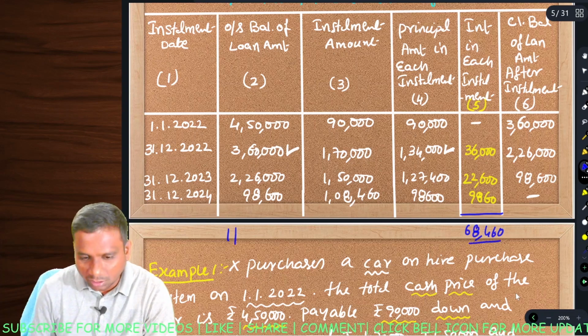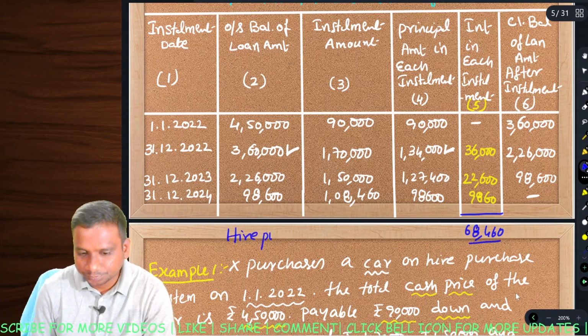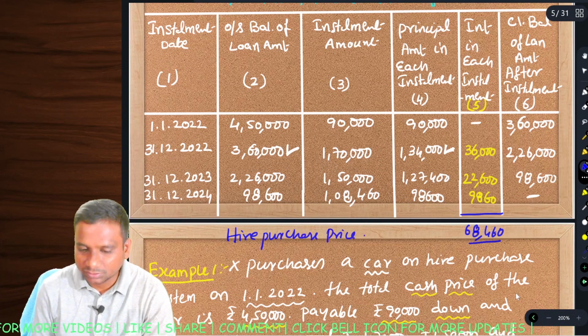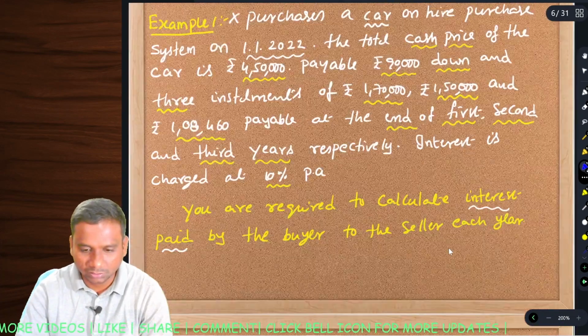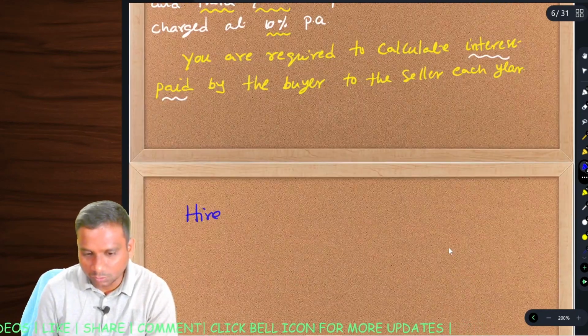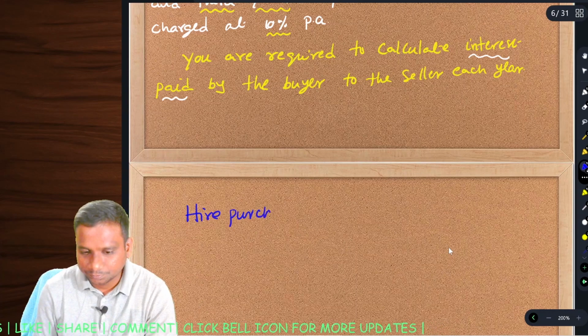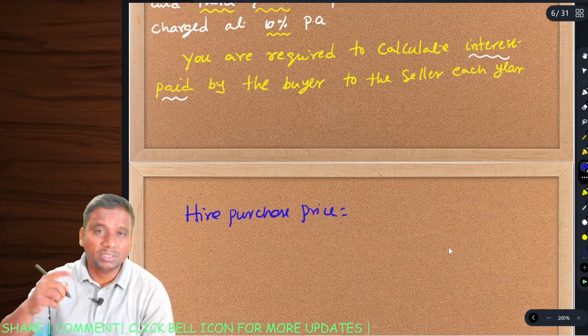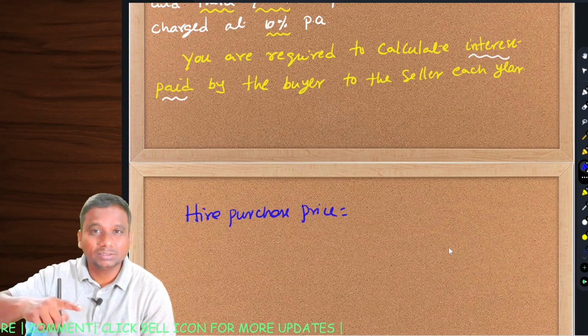Now tell me the hire purchase price. What's the formula for hire purchase price? Cash price plus interest.